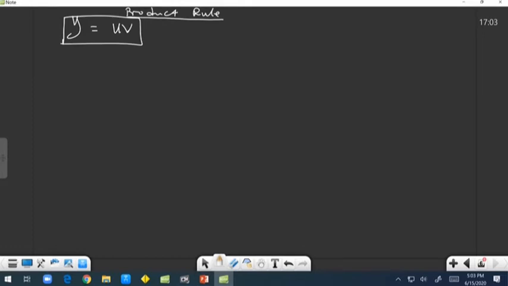For example, y equal to uv, what we do is say y plus delta y is equal to (u plus delta u), bracket open, bracket close, (v plus delta v).